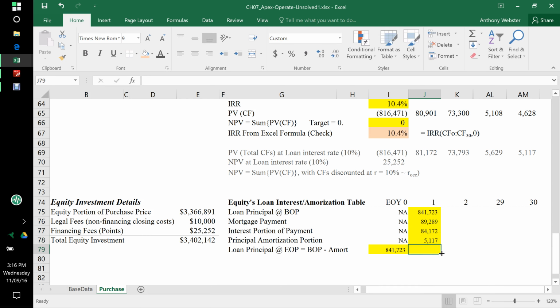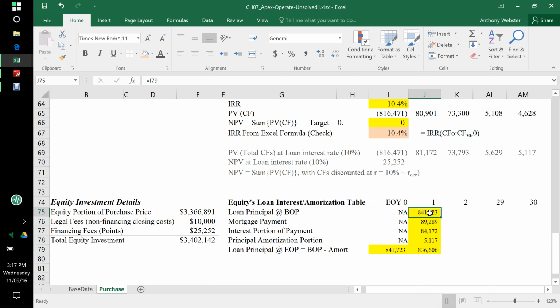Okay, and that's about, so I have amortized at the end of year one after I've made this payment, I've amortized 5,000 of this $841,000 loan. Okay, so now what's my loan principal at the end of the period? It's my loan principal at the beginning of the period minus the amount that I've amortized.